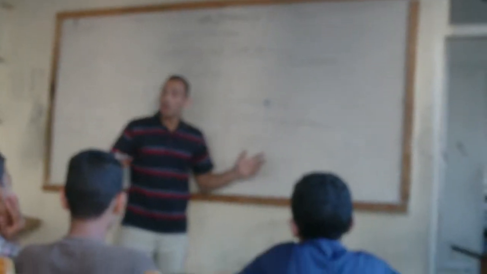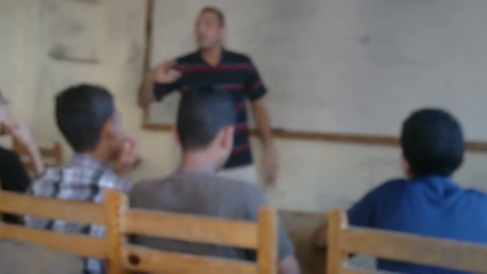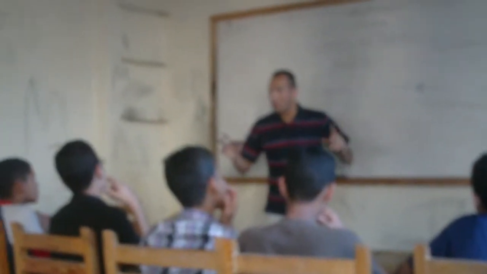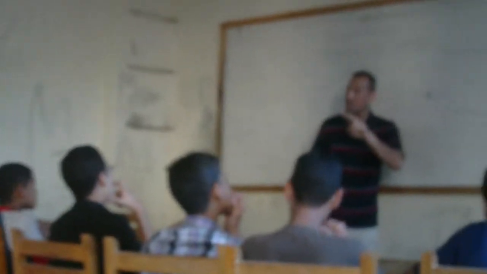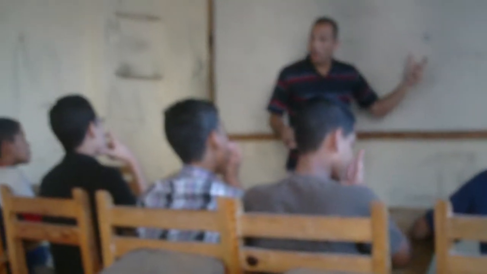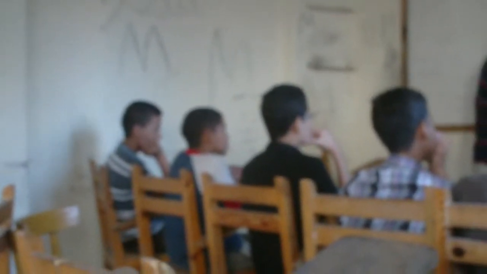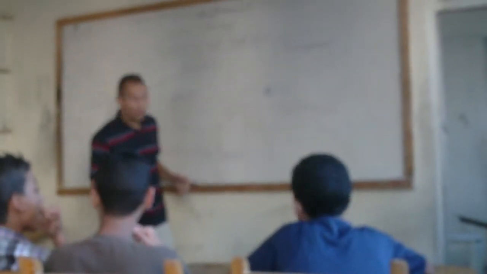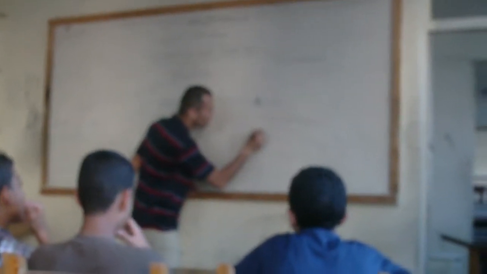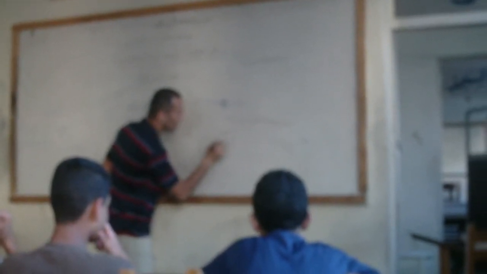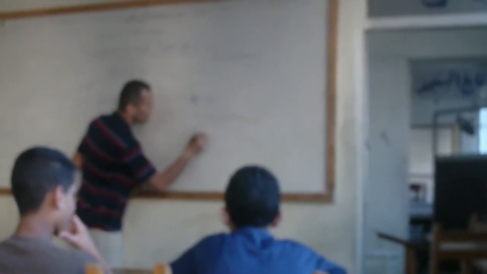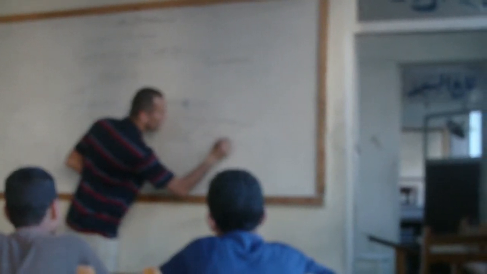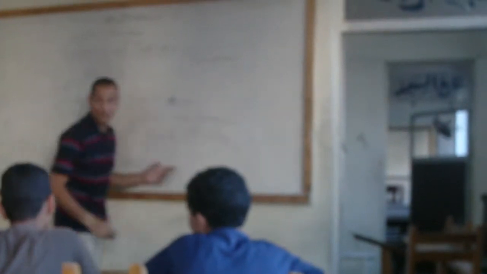Okay? What if I want to make a comparison between two animals, the dog and the wolf? The grammar rule will be more or less plus the adjective plus than.